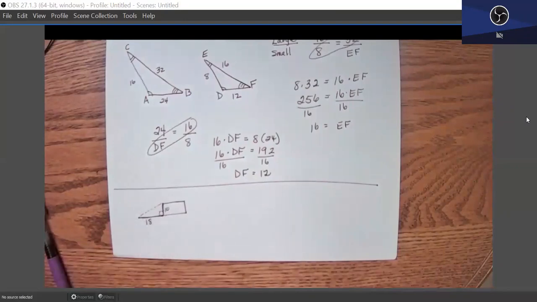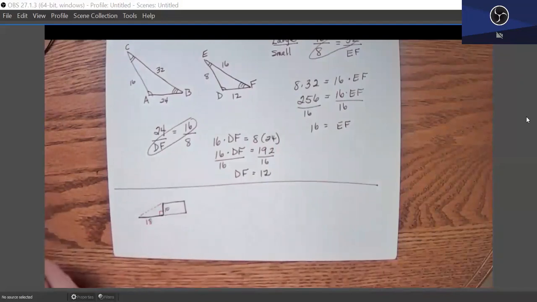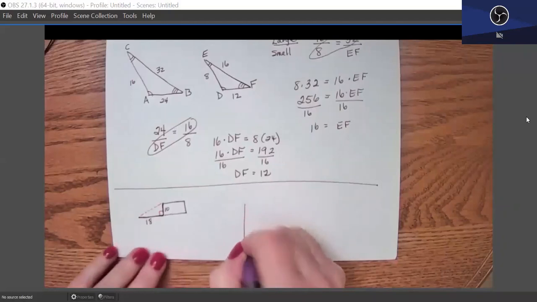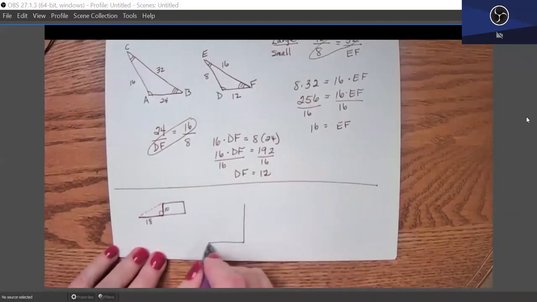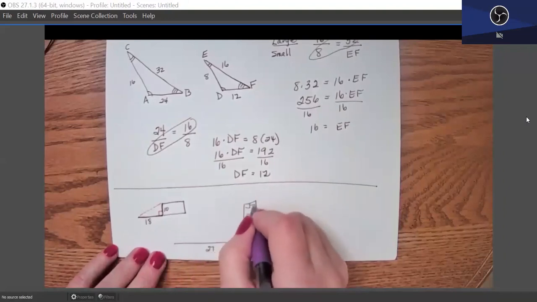They say at that exact same moment when this building's shadow is 18 feet long, the shadow of the flagpole, so here's my flagpole, is 27 feet long.